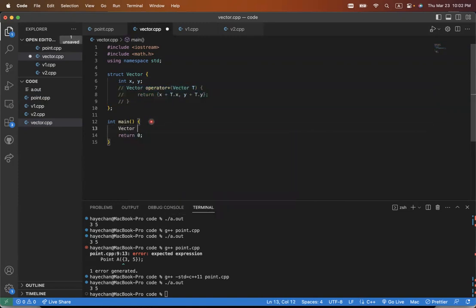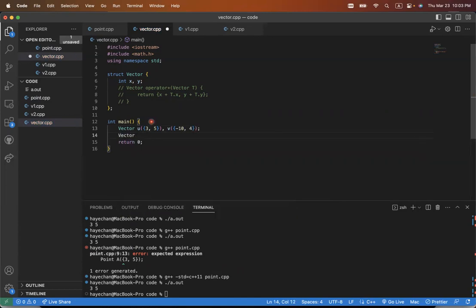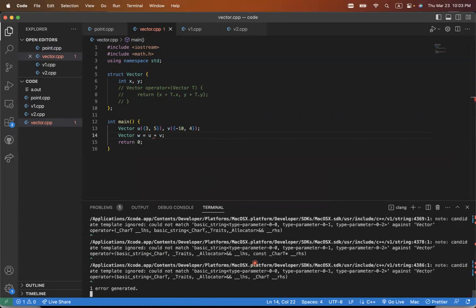If you declare vector u, and let's put some values in here, and vector v, and if you want to add, so vector w equals u plus v, it doesn't let you compile it because you can't add two vectors.